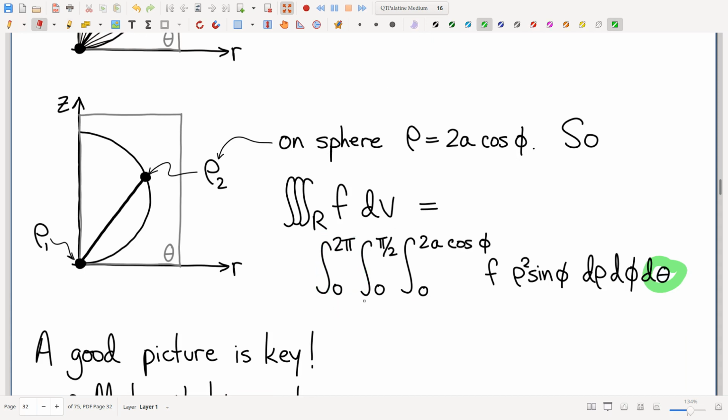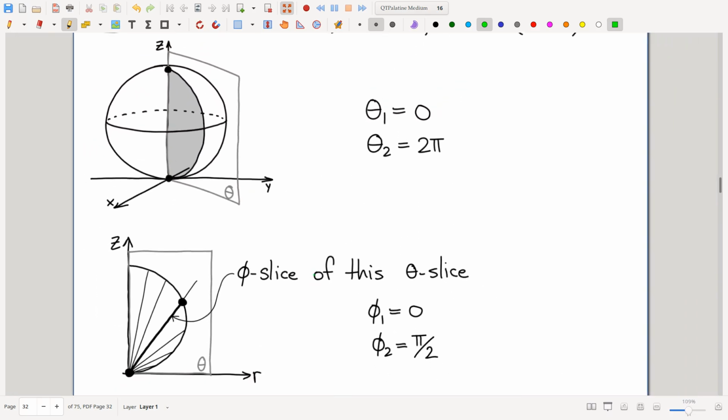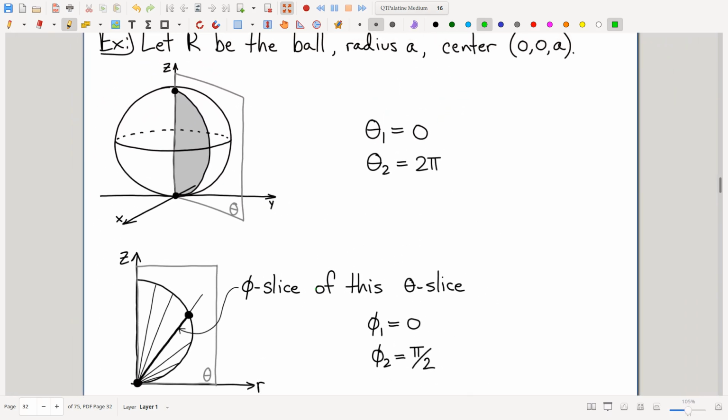All right. Now, how we draw our theta slice. This is just a personal preference. I don't even always do it, but I think it's a good thing to encourage yourself to do. Keep in mind this is what the theta slice looks like, and that's fine, I suppose.